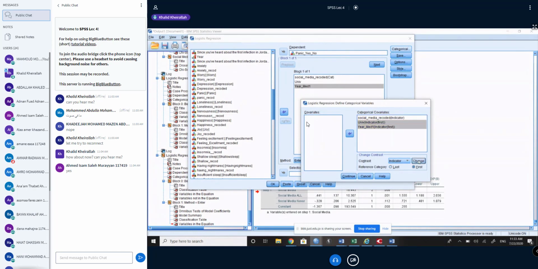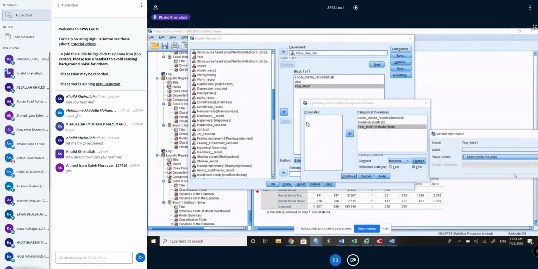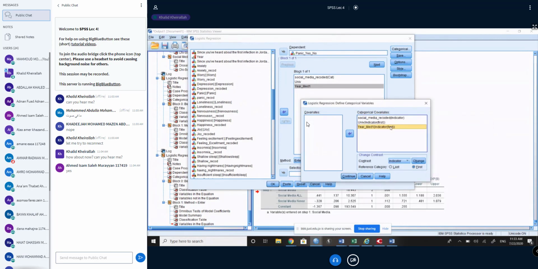I've added 3 variables. I've added the social media, the university, and the year of medical education, which is the basic years, I believe. This should be basic years. Yeah, basic versus clinical. I want to see the effect of these 3 variables.